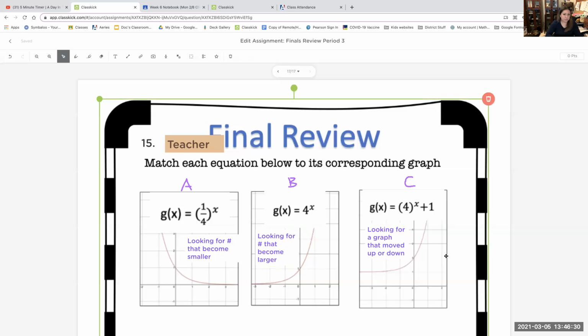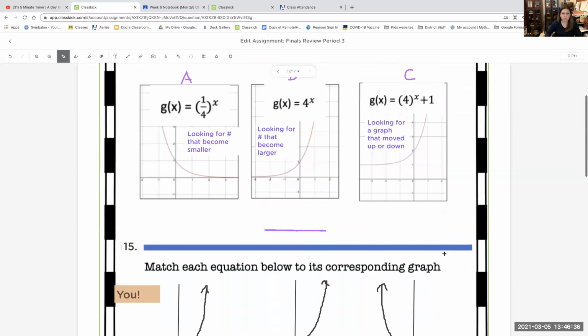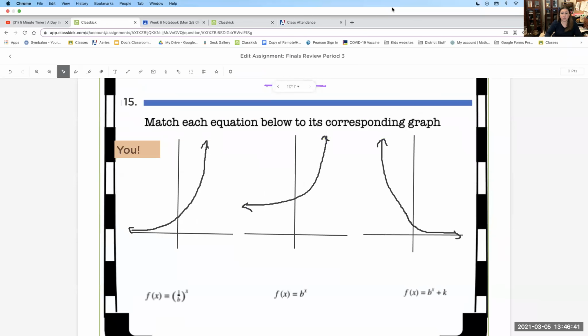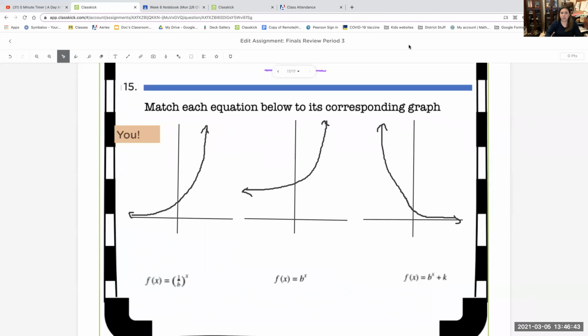Okay. So the bottom one is for you guys to do. I'm going one more time. I'm pausing. All right. And that's it.